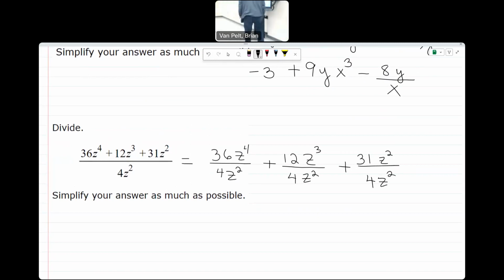In the first one, the 4 goes into 36 9 times. When I wipe out the 2, I'm going to start doing my things like this. I think it's easier to follow if I do that. So that piece will be 9z squared.